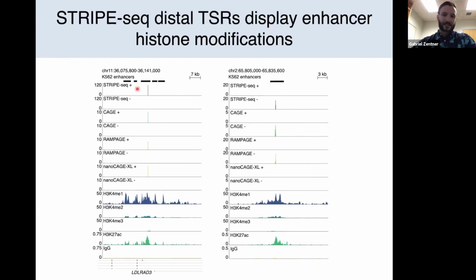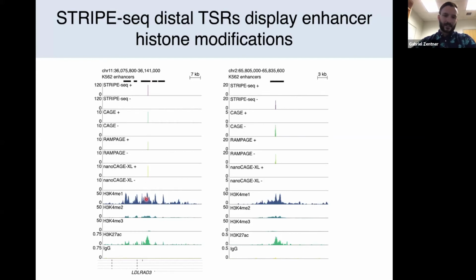We have tracks where we have K562 STRIPE-seq, CAGE, RAMPAGE, NanoCAGE, as well as histone modifications. Here, we also have, in these black bars, annotated enhancers from EnhancerDB. These were generated through integration of ChIP-seq and other genomic data sets.